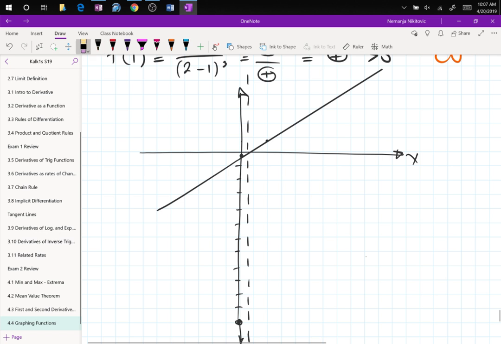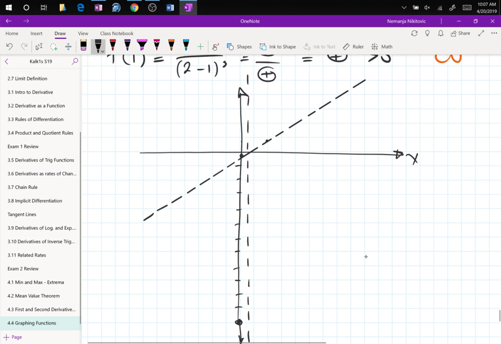So now I have my asymptote, the slant asymptote. So now what I'm going to do, so I have my slant asymptote.